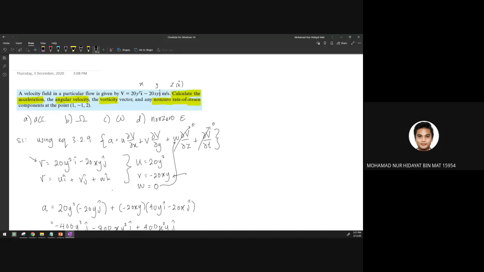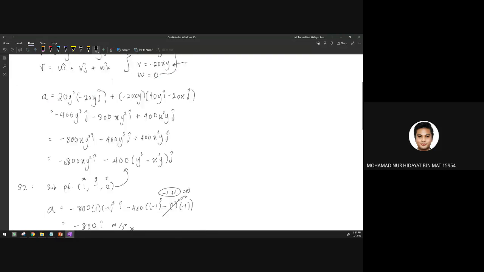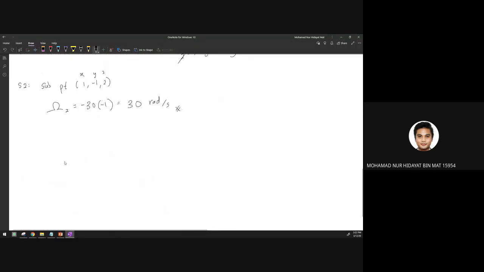What is this one? The vorticity. Remember the vorticity, the definition is the rate of rotation. The angular velocity is the rotation. This is the rate of rotation. So we need to find the vorticity, right?